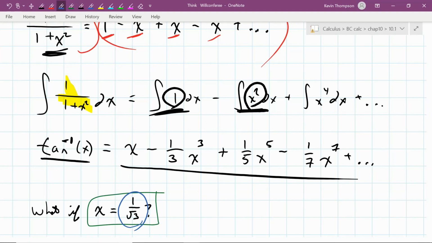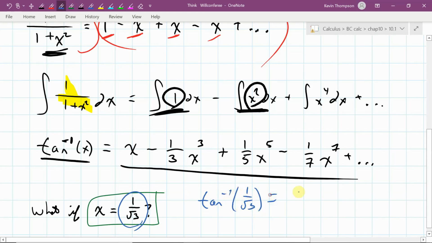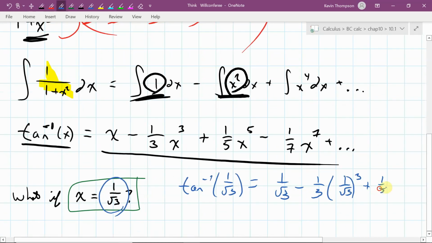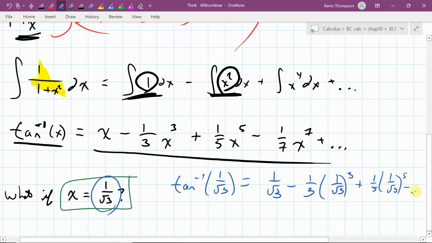So I would write the inverse tangent of 1 over root 3 is 1 over root 3 minus 1/3 times 1 over root 3 cubed plus 1/5 times 1 over root 3 to the 5th, dot, dot, dot, forever and ever.